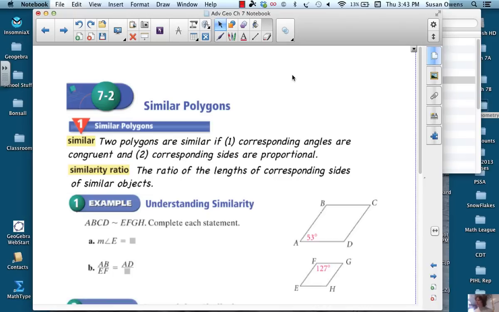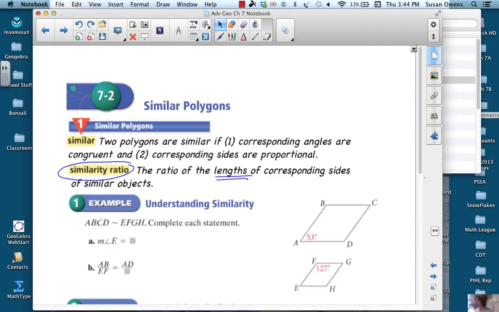Okay. So two polygons are similar by definition if all the corresponding angles are congruent and all the corresponding sides are in the same proportion, or they are proportional. The similarity ratio is the ratio of the lengths of the similar sides, or the corresponding sides of the similar objects.